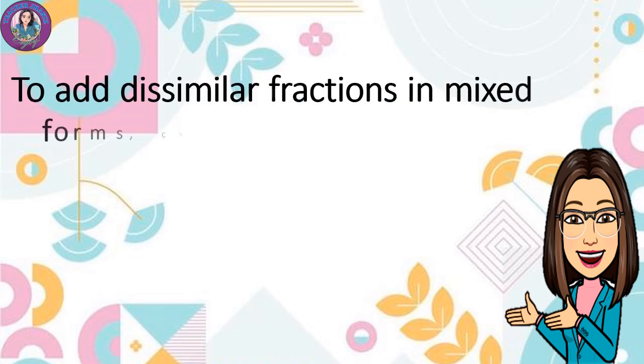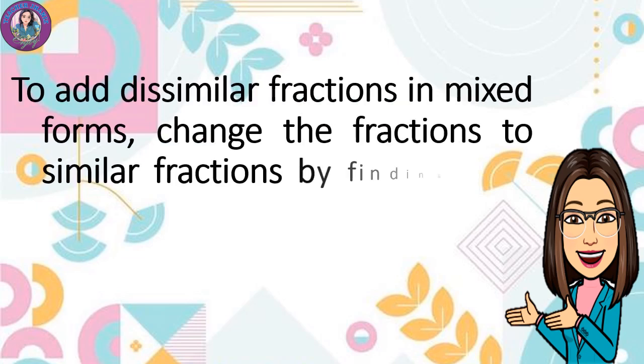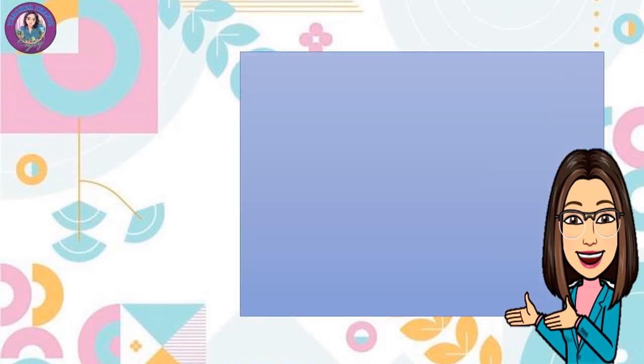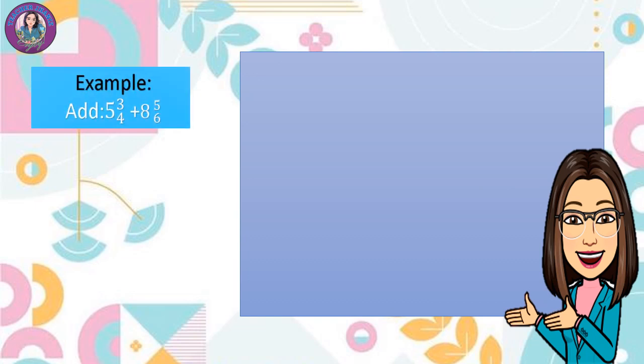To add dissimilar fractions in mixed forms, change the fractions to similar fractions by finding their LCD, then add the usual way. Example, 5 and 3/4 plus 8 and 5/6.